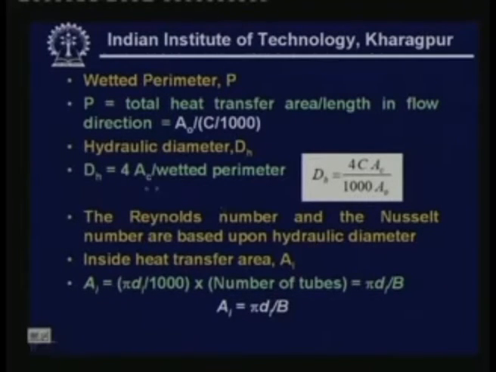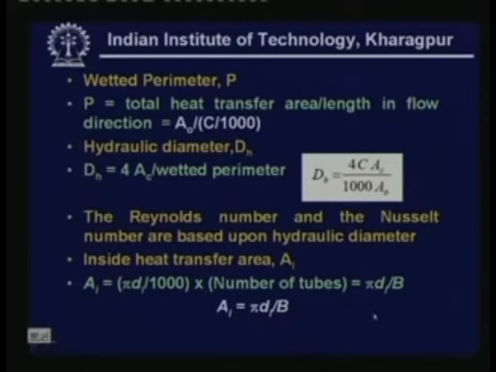And why do we need hydraulic diameter? Because the Reynolds number and the Nusselt number are based upon hydraulic diameter. So if you want to find out the Reynolds and Nusselt number, because the heat transfer coefficient depends on these numbers, we have to find out the hydraulic diameter. And the inside heat transfer area A subscript I is nothing but pi d_i by 1000 into number of tubes.